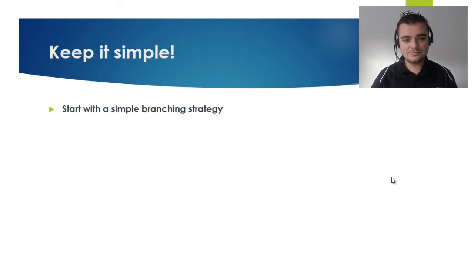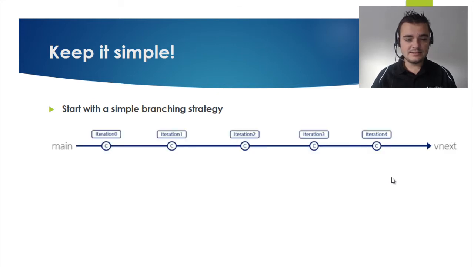So let's start with the basic things that we must have in mind. The first thing is to keep it simple. So we will start with a very simple branching strategy, and this is mainly based on the main branch, and our iterations will be added on the timeline here.